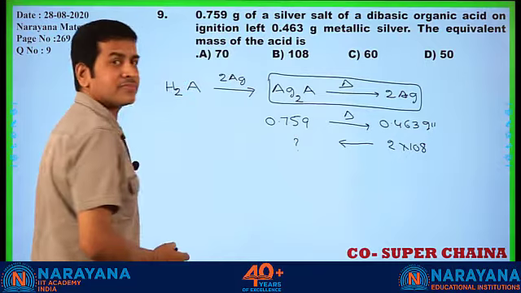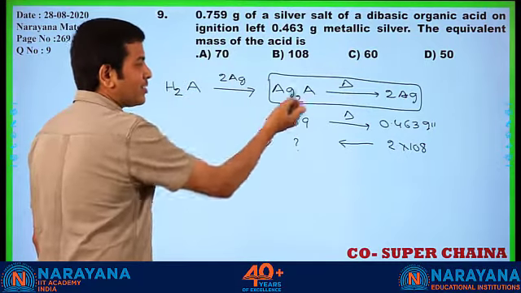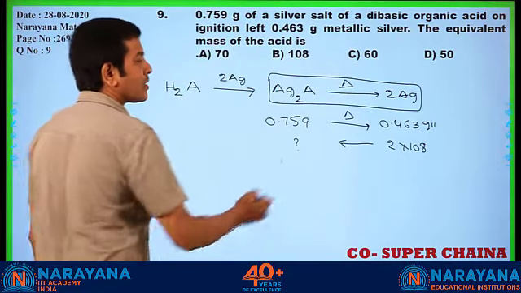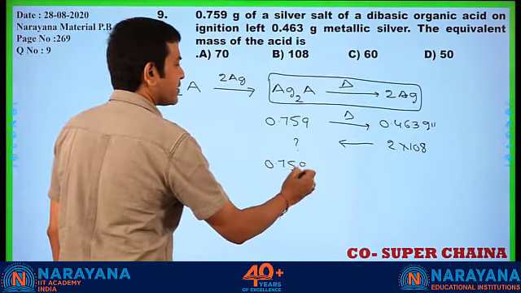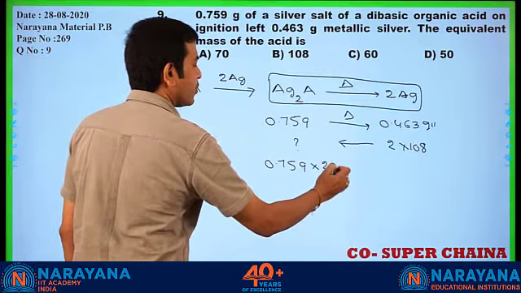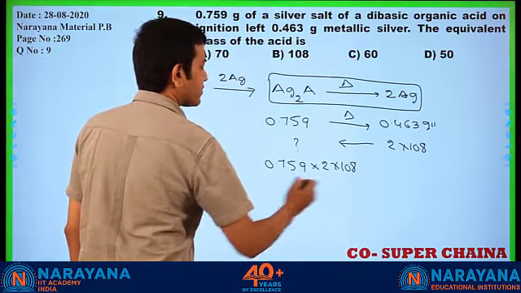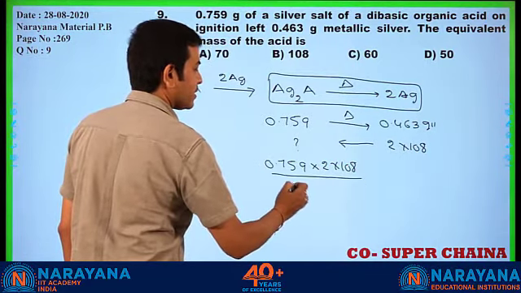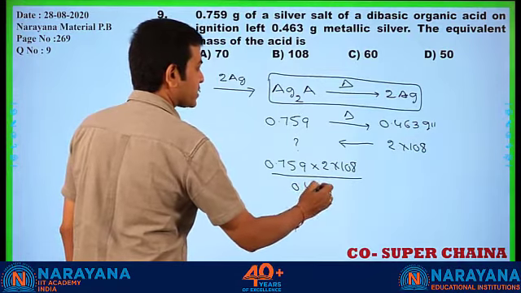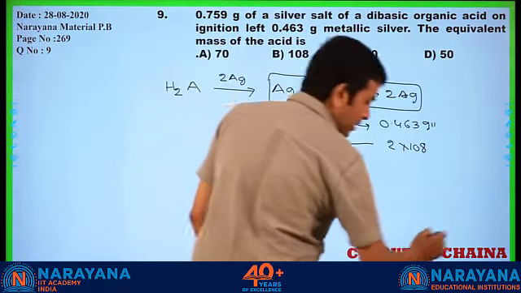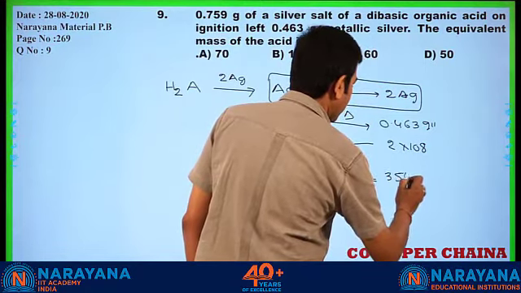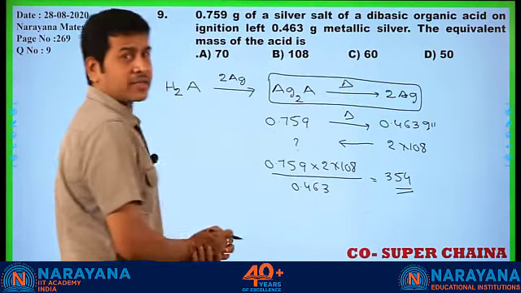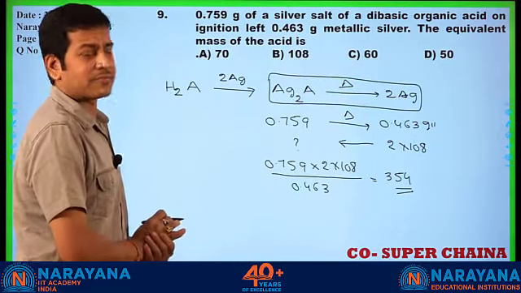First calculate this Ag2A value: 0.759 into 2 into 108 divided by 0.463. After calculation, you will get 354.